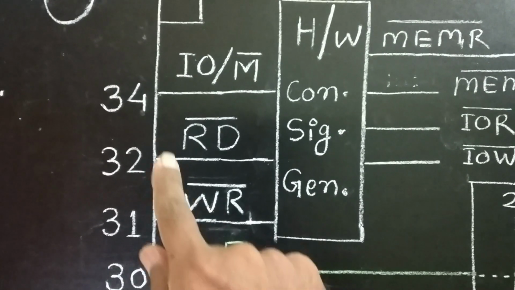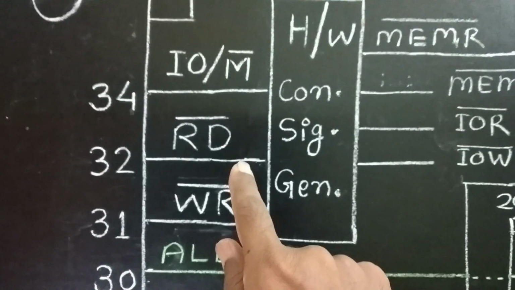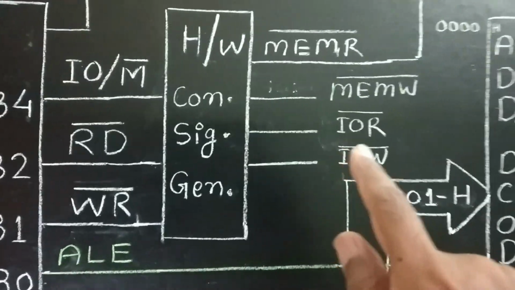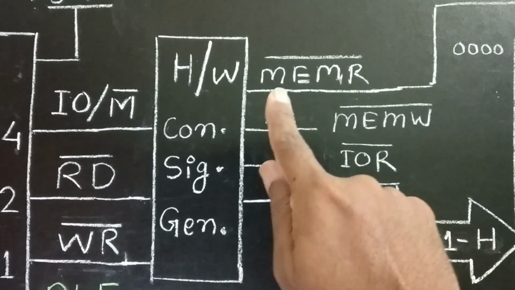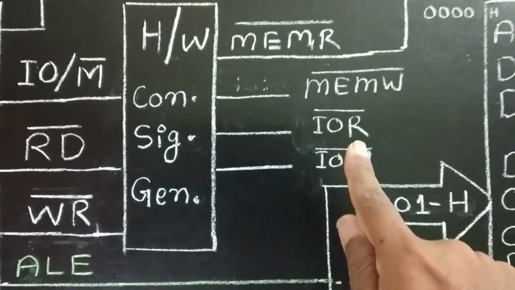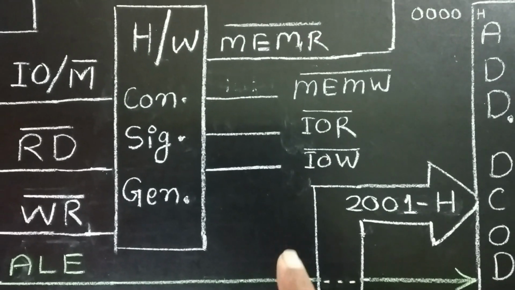From IOM bar, read bar, write bar, this hardware generates memory read bar, memory write bar, IO read and IO write signals.